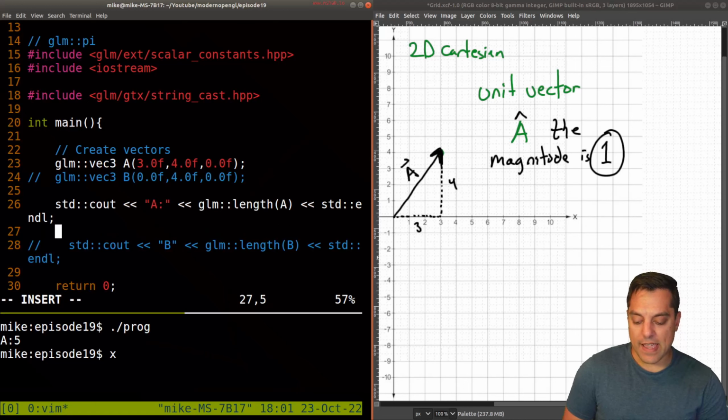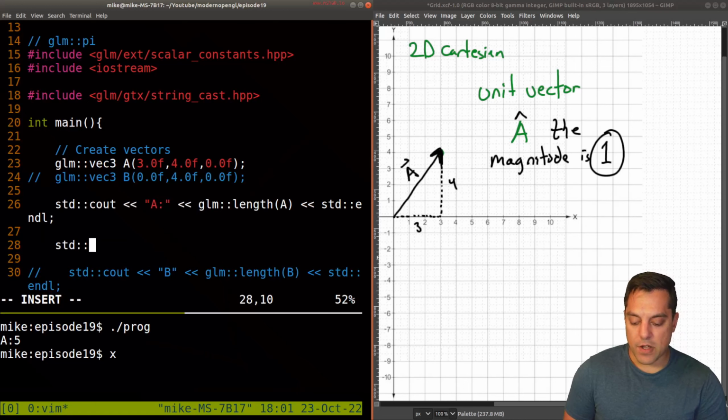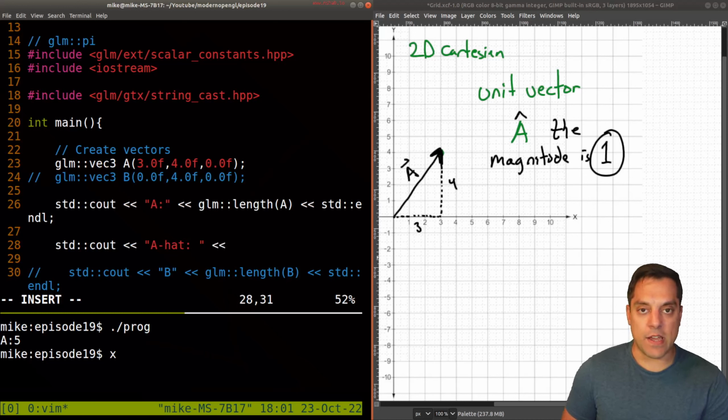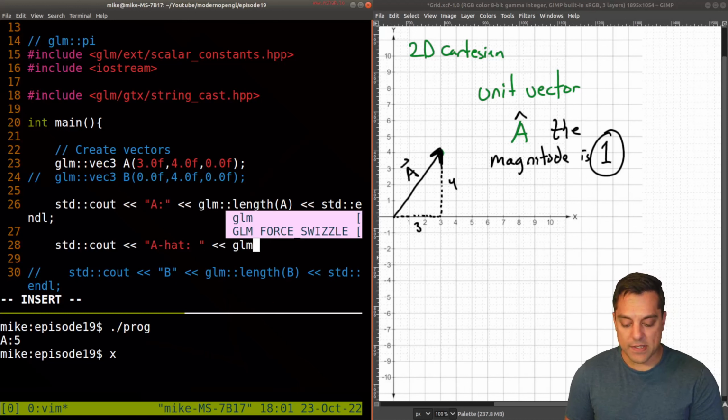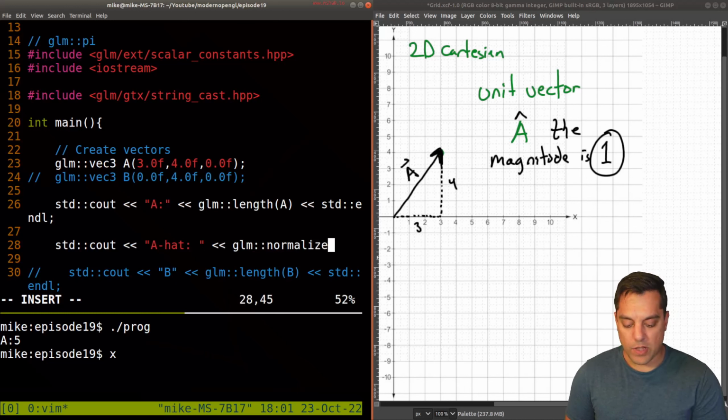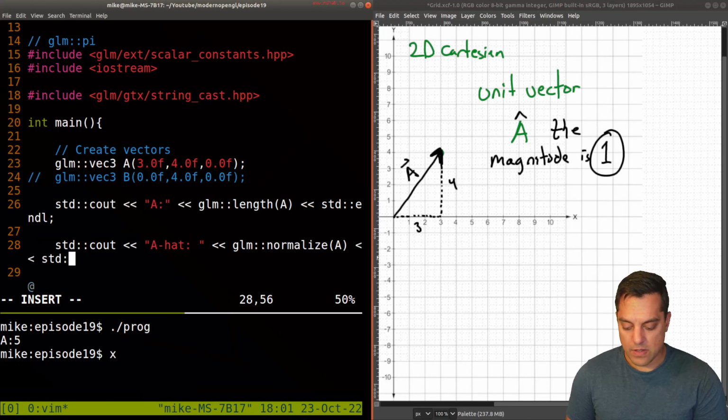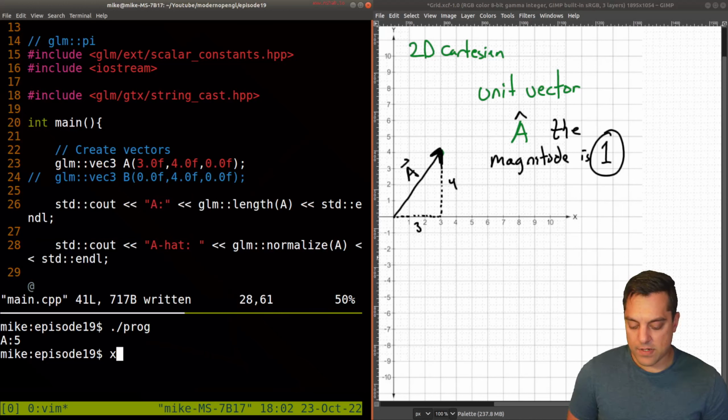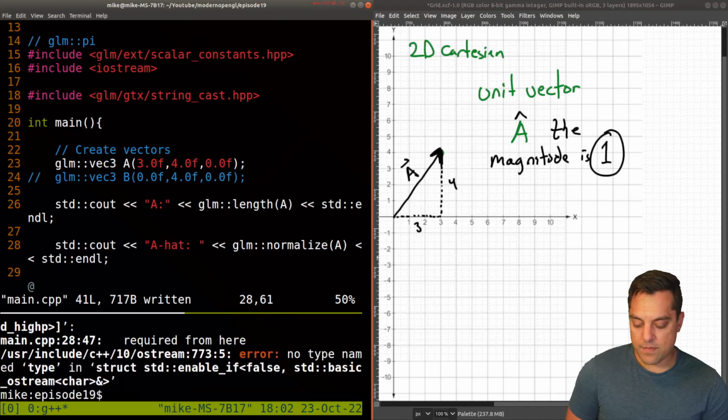So let's go ahead and try this out. I'm going to do a printout, and I'm just going to put a hyphen hat, which is how you might see it in text, or just as we know, the normal vector. And let's normalize it: glm normalize a, and print that out so we can see.